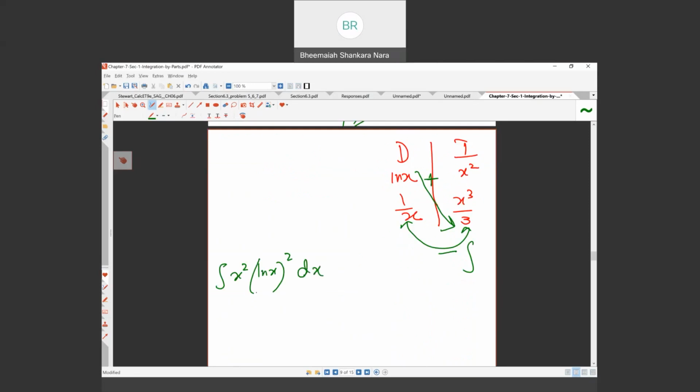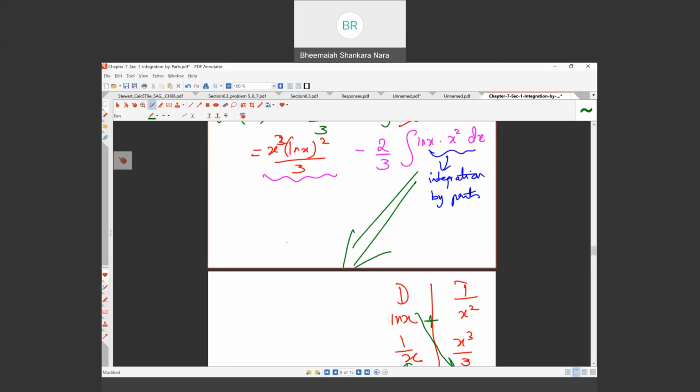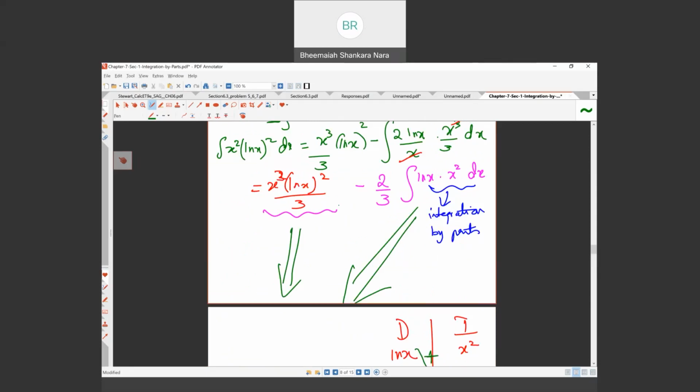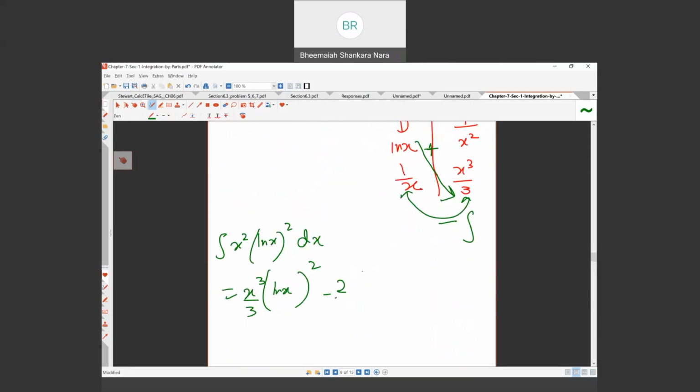We got this to be x cubed ln x squared, this term here. So let me bring it down: x cubed divided by 3 times (ln x)². Now for this integration by parts for ln x times x squared, from this table, we have negative 2/3 outside. Then let's use the table here: x cubed divided by 3 times ln x, minus 1 over x times x cubed divided by 3 dx.